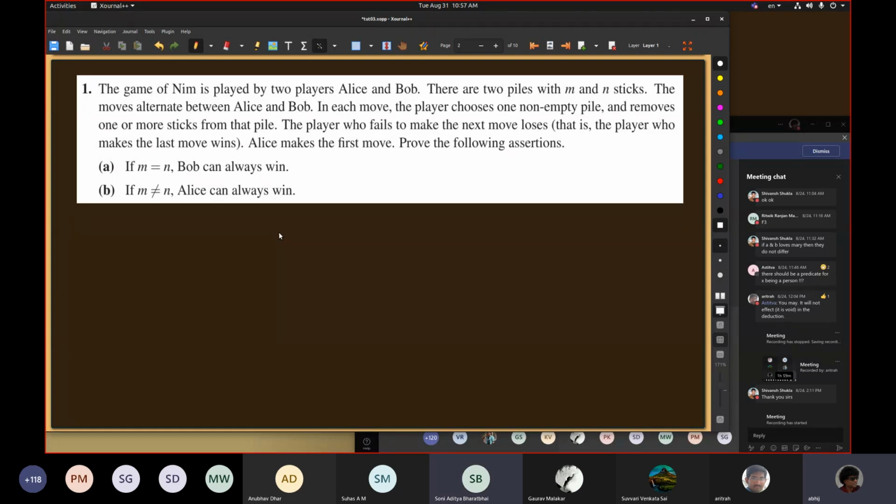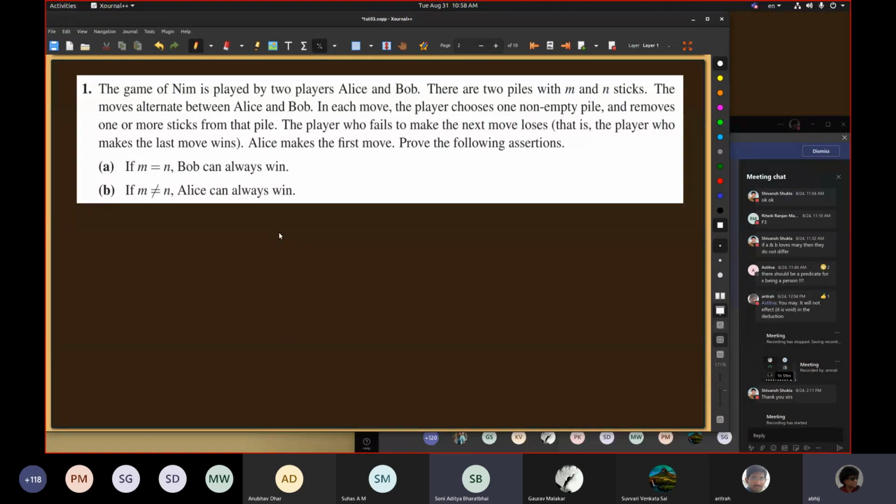Sir, in part A, can we proceed by induction? Let us say M is 1. Alice will pick one stick from one of the piles, and then Bob will pick. Then Bob will surely win if M is 1.